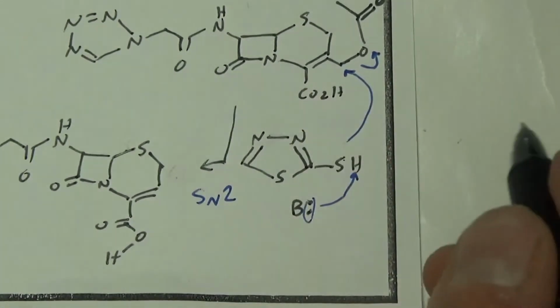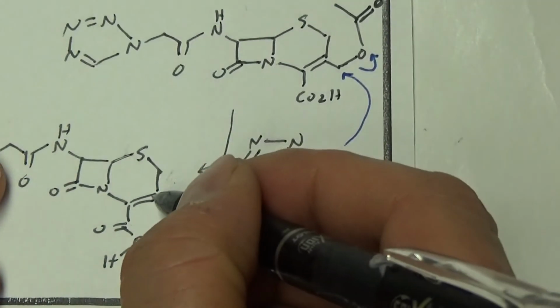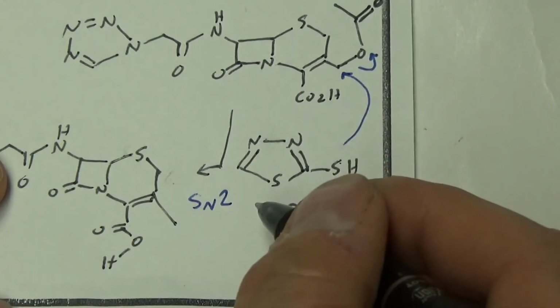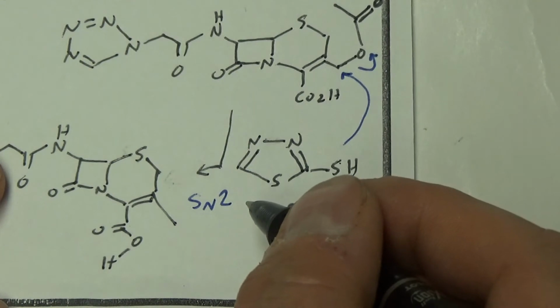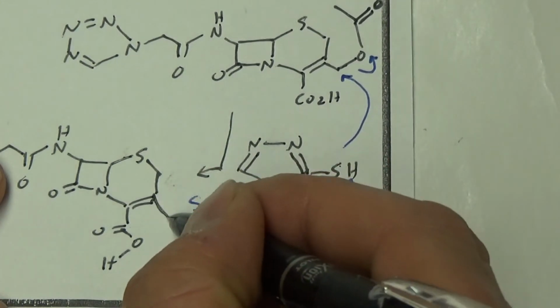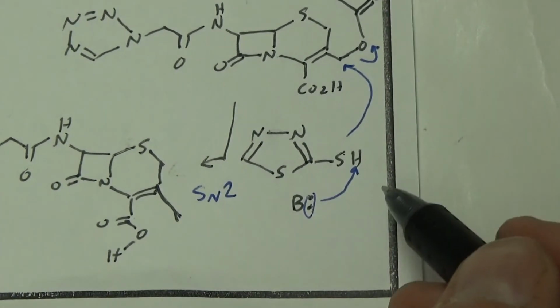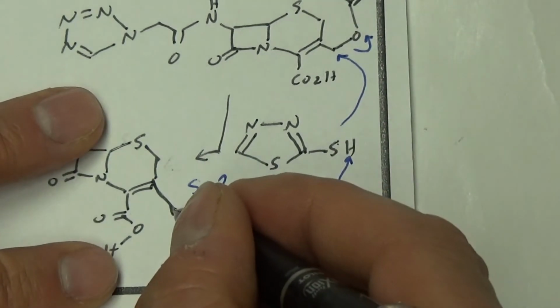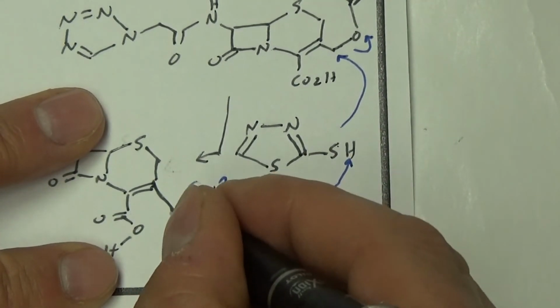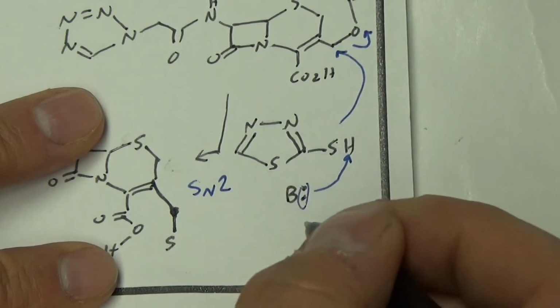Okay, cool. So now we have a CH2, right? CH2. And what's connected to the CH2? The sulfur of this thing. Sulfur.